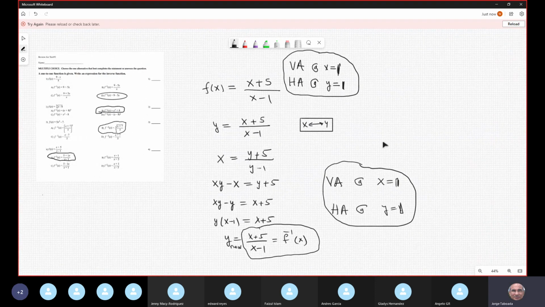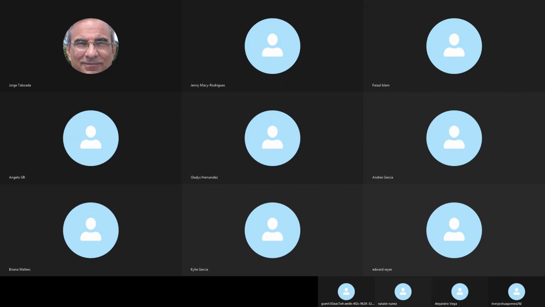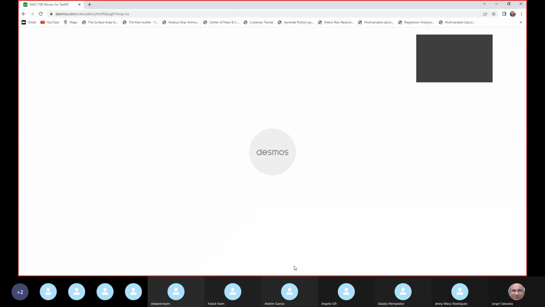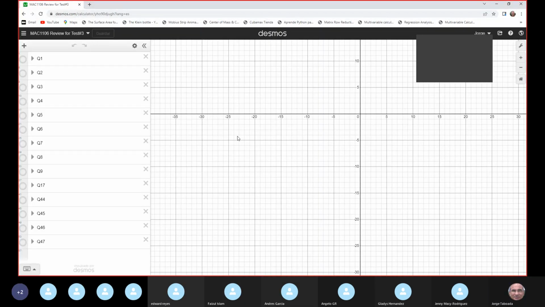Okay, let's do the confirmation in Desmos. Desmos confirmed that; however, allow me to understand the asymptote a little bit. It's question 4, no?